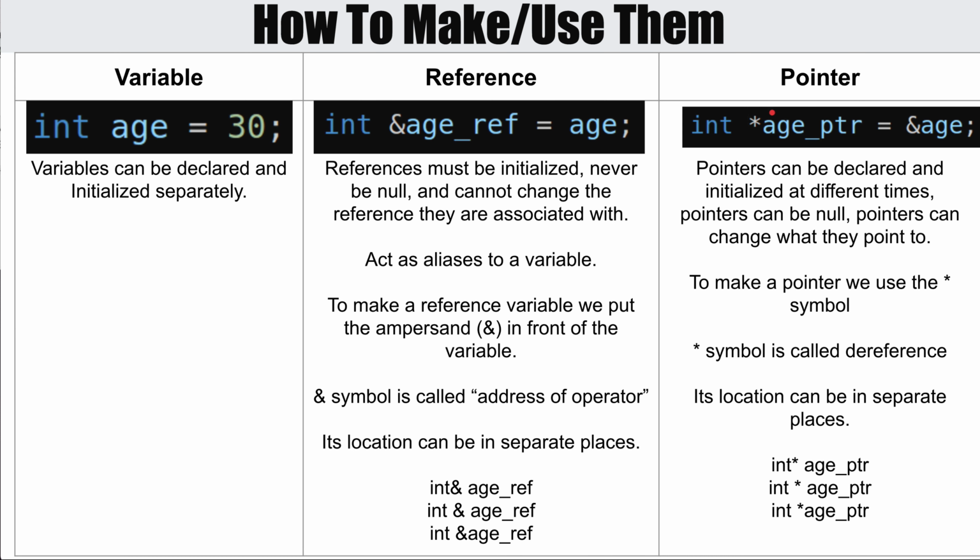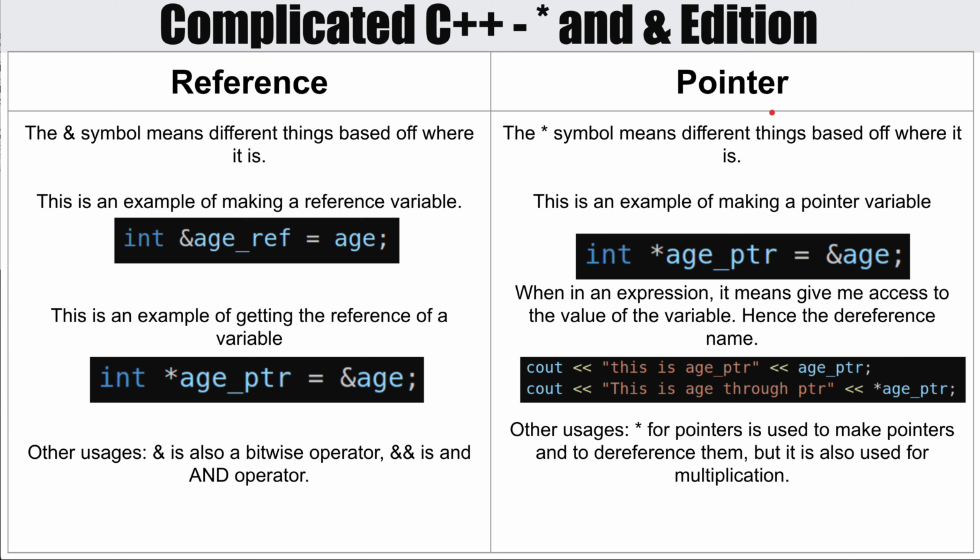All right, let's see where we're at here. Complicated C++ edition. Let's talk about why what you're already seeing is ridiculously complicated. The and symbol means different things based on where it is. Same thing with, excuse me, I should call it the right way, the address of operator and the dereference operator mean different things in different places.